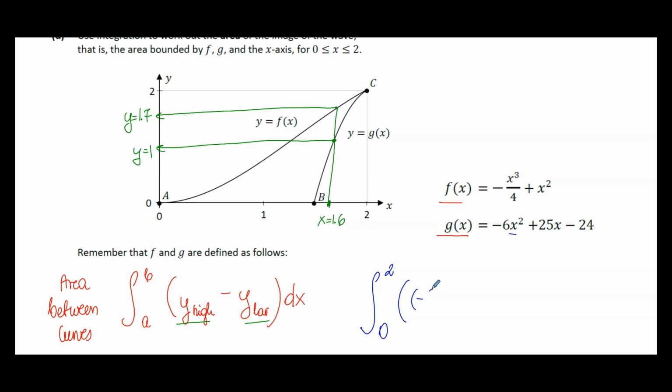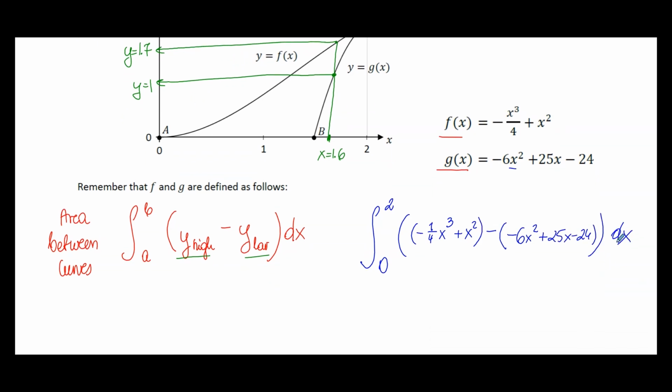So minus 1 over 4 x to the power of 3 plus x to the power of 2, and that we take away the second function. Now, here I would say to put the function inside the brackets, and I tell you why. Because from this function f(x), we take away this function.